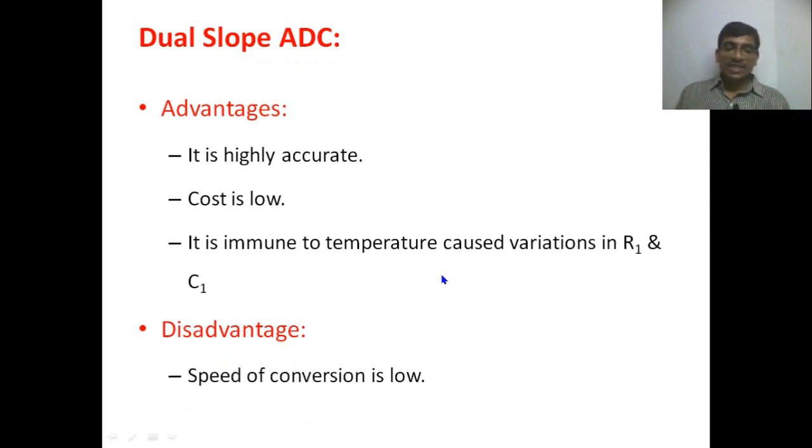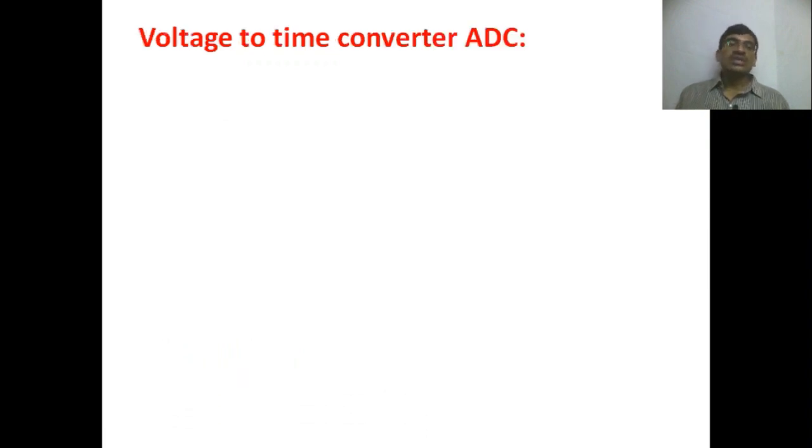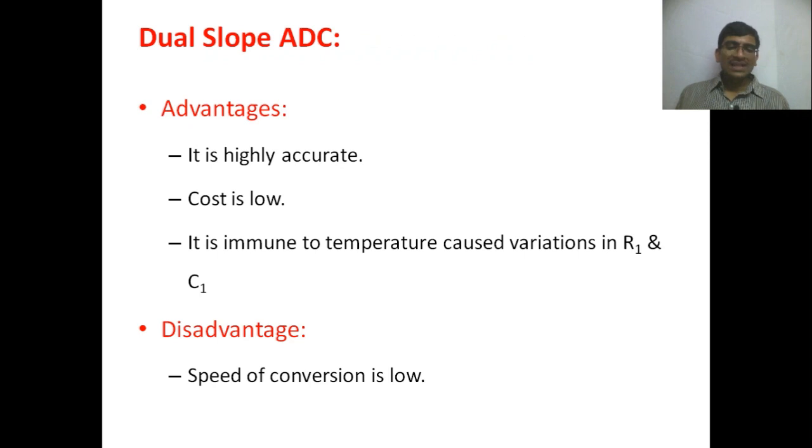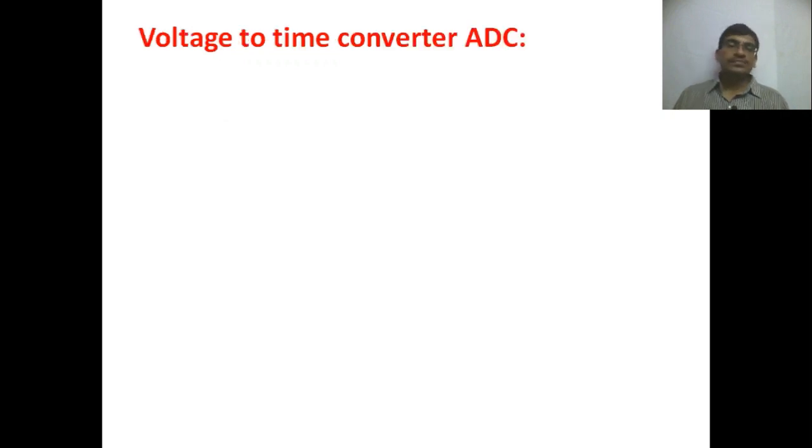Disadvantages: the speed of conversion is low. But what is the advantage here? The accuracy is more in the dual slope ADC. Because of that we use this dual slope ADC wherever accuracy is more important than conversion time. Next we are going to see the voltage to time converter ADC.